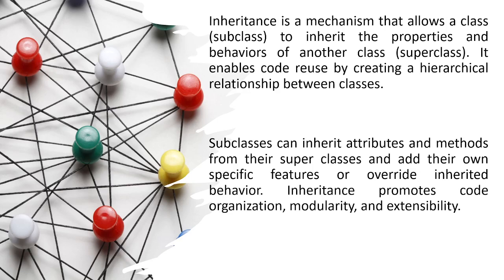It enables code reuse by creating a hierarchy relationship between the classes. Subclasses can inherit attributes and methods from their superclass and add their own specific features or override inherited behavior. Overriding is possible. We'll see it through an example.